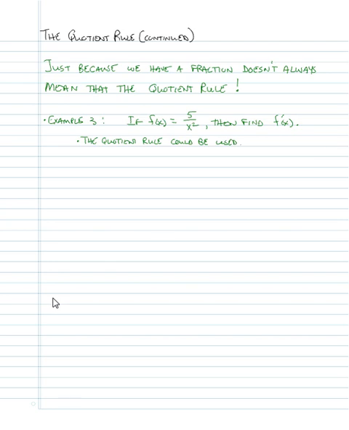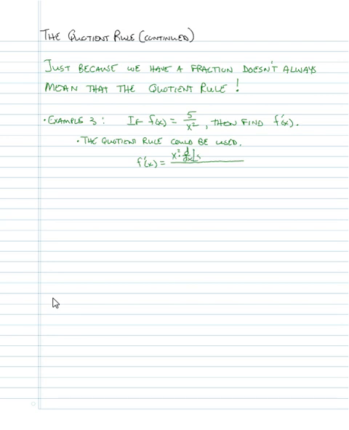Okay, well, if we were to use it, let's see how that would go. We'd have f prime of x is equal to, okay, and remember the way we do this. It's the denominator times the derivative of the numerator.